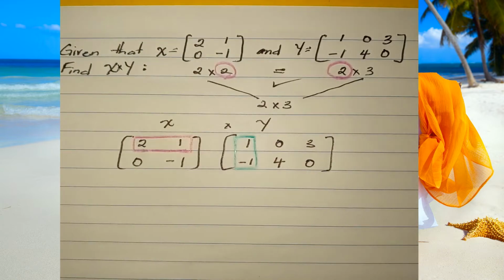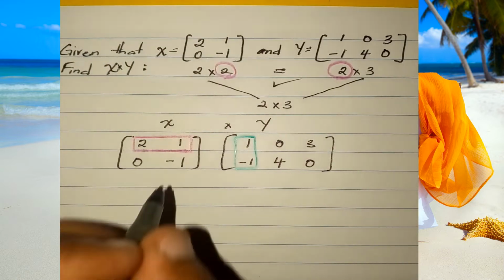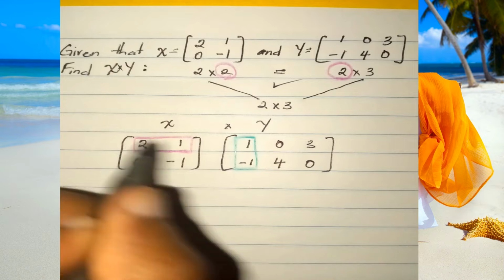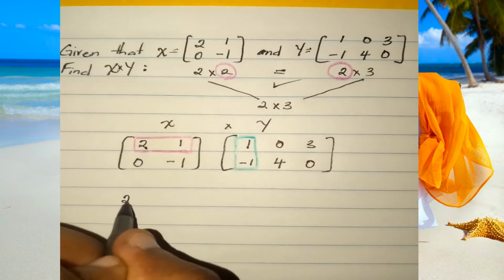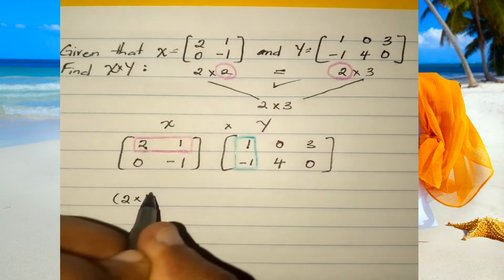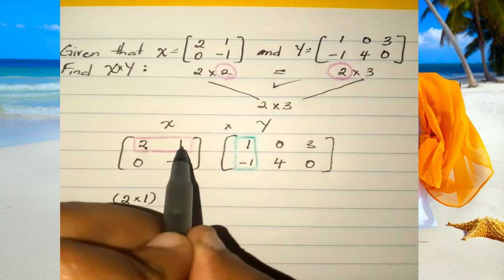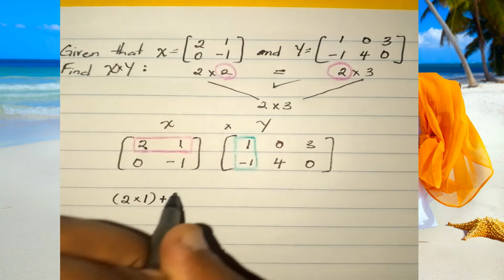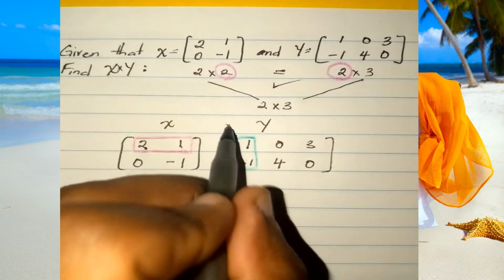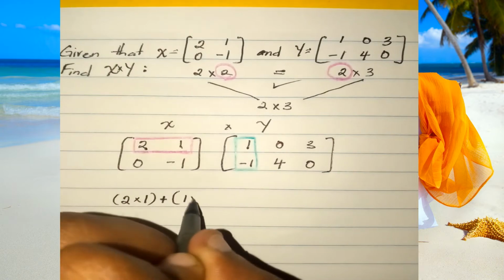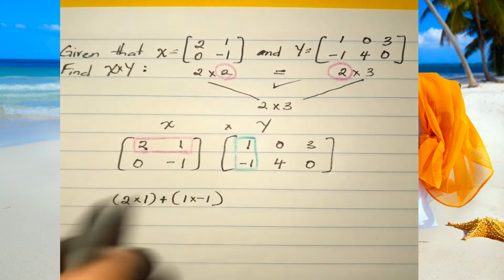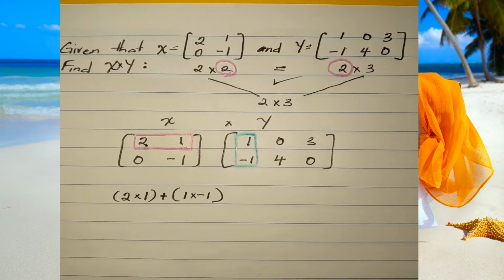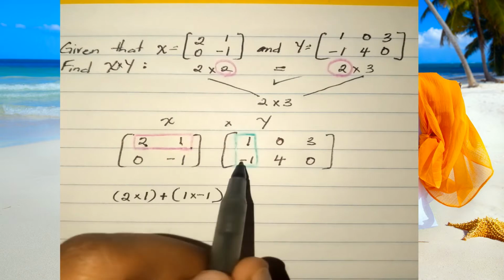Good. So this is telling me 2 times 1, and then I'm going to add 1 times negative 1. Good. So I'm finished with this row and this column.